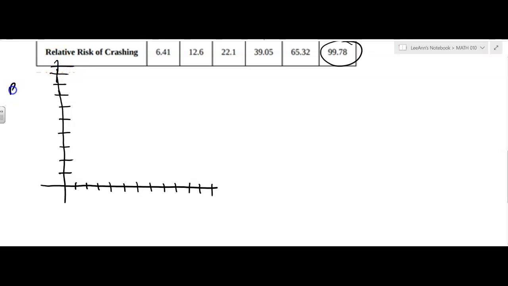And this is the risk. This is the BAC down here. Now we want to put in some units so we know when we're graphing how to measure that.